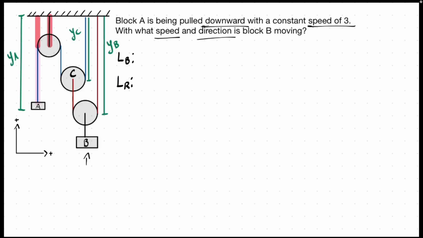So we can just treat this segment as a constant value, or a constant one, let's just call it. So the length of this first side is just going to be YA minus that constant value, right? And that's that first length.